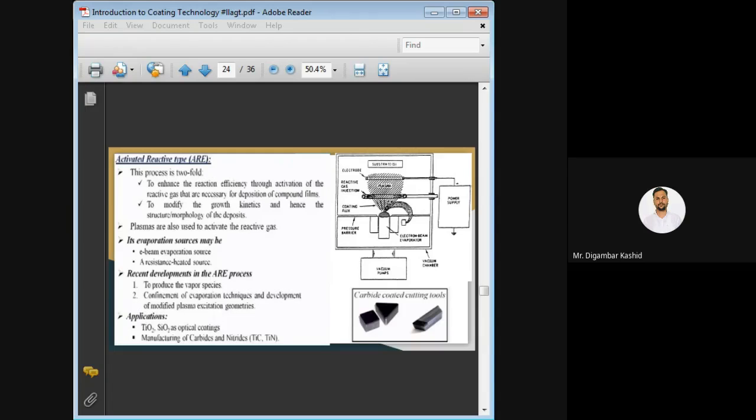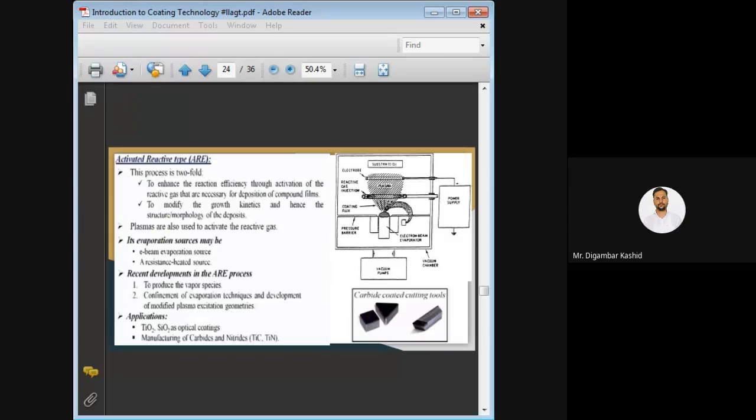To modify the growth kinetics, and hence the structure and morphology of the deposit, we are using this activated reactive process. Here plasma is used to activate the reactive gas.